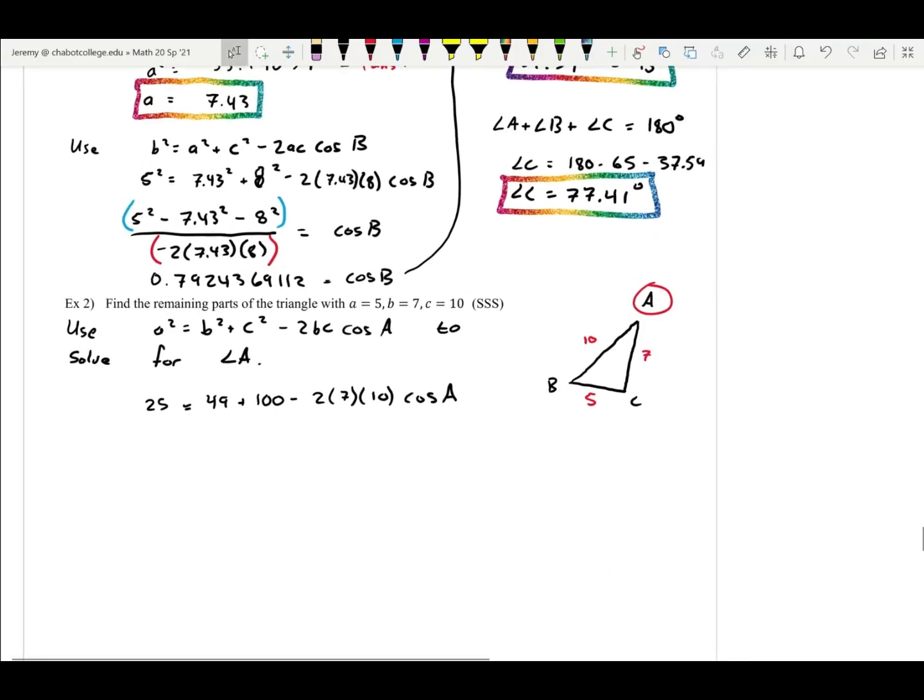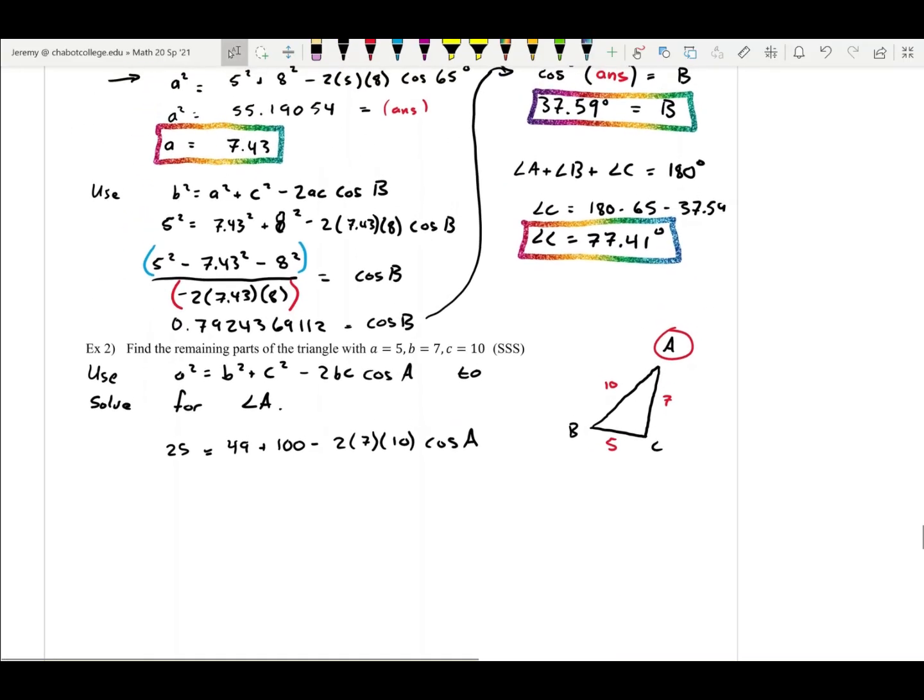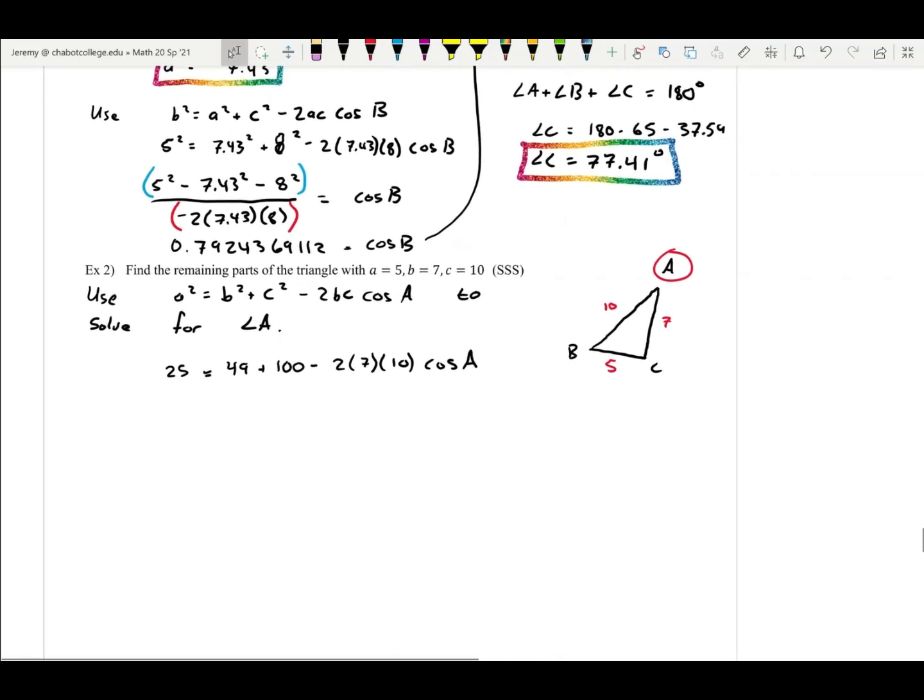So now, proceeding in the same way I did solving for angle B in the last problem, I'm going to solve for cosine of A. So I'll have 25 minus 49 minus 100 all over negative 2 times 7 times 10.